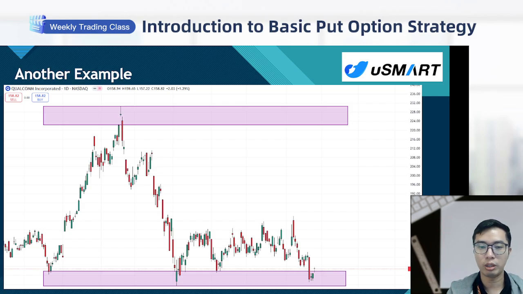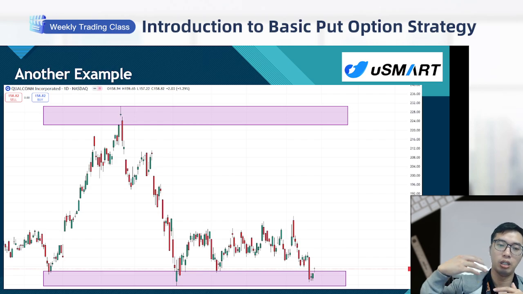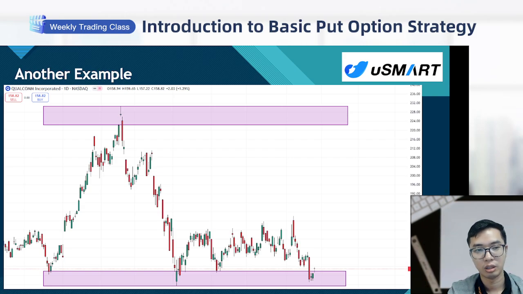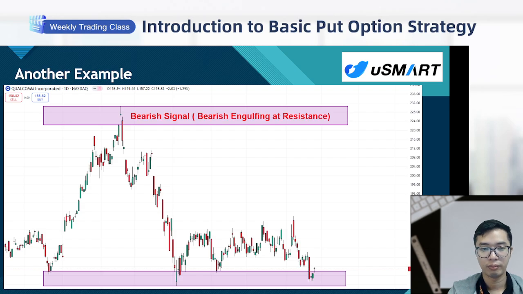So we need to find this support area to long, and the resistance area to short. Alright. So I will just take a study, then we look back. At the top, you can see there is a bearish signal.